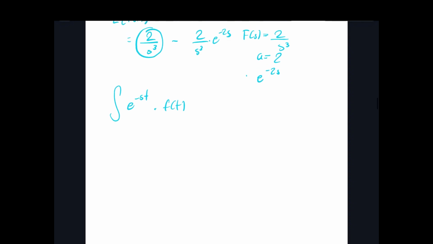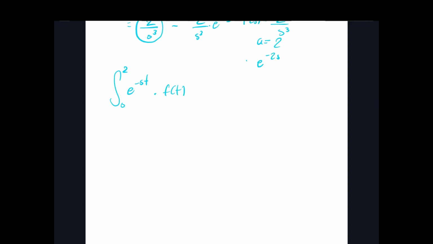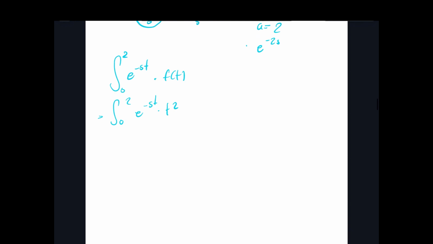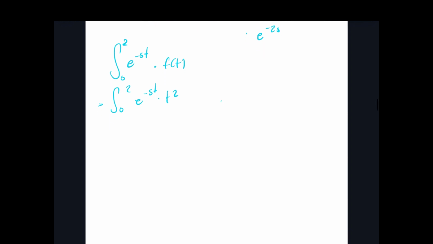And in our case, we're integrating from 0 to 2. And with that, this is integration by parts, and I'll sub in the rest: the integral from 0 to 2 of e to the negative st times t squared. And now we see this is very clearly integration by parts. We have to set our u to t squared. Our du becomes 2t, and our v equals negative 1 over s e to the negative st, with our dv equaling e to the negative st.